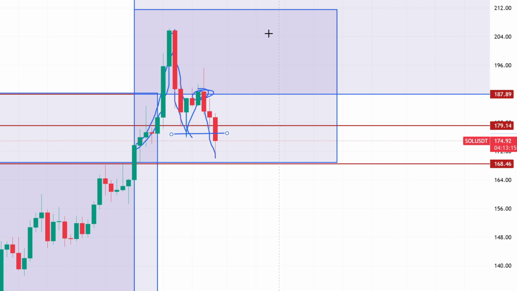So let me clean up the chart a little bit so we can see this better. We want to delete all the lines right here so we have a better picture. Let's do this with trend lines. Here is the move to the upside, then we have this move to the downside, and the retest.